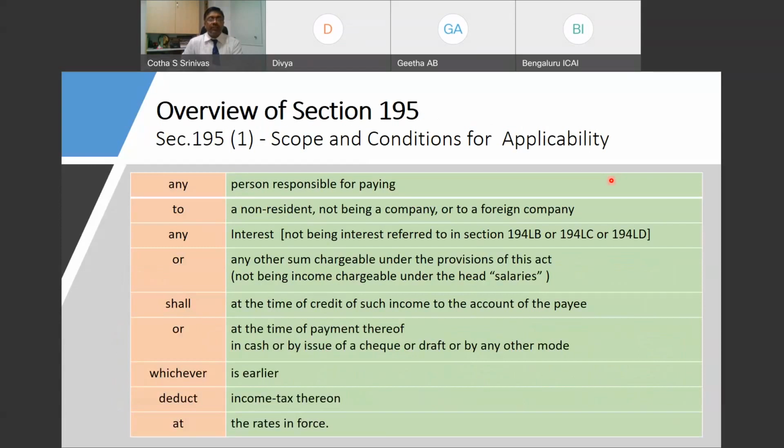So section 195, subsection 1, which talks about scope and conditions for applicability.